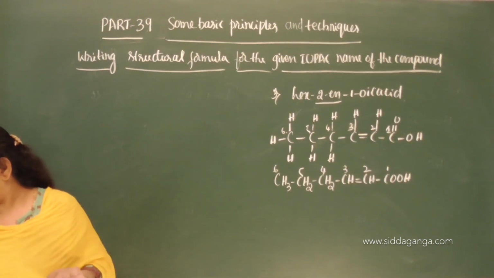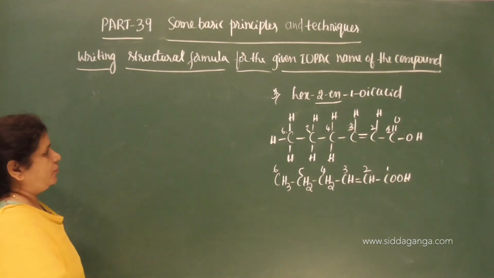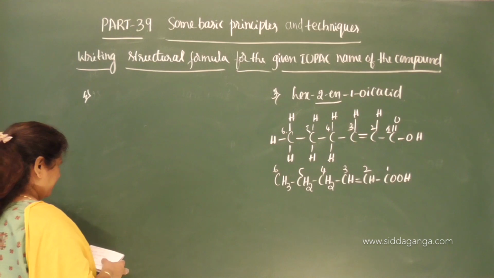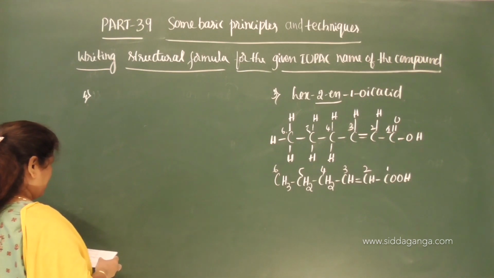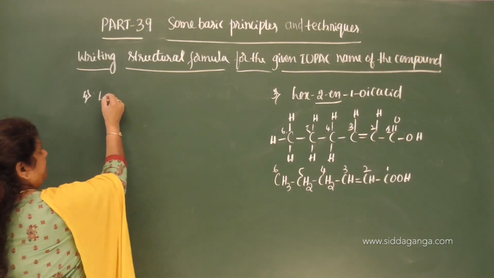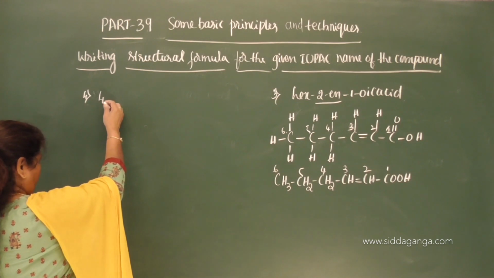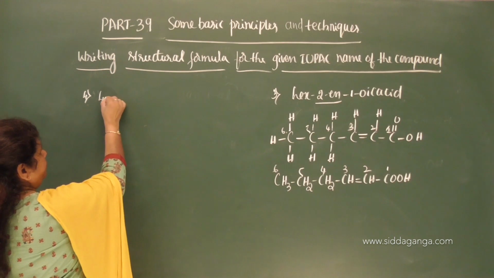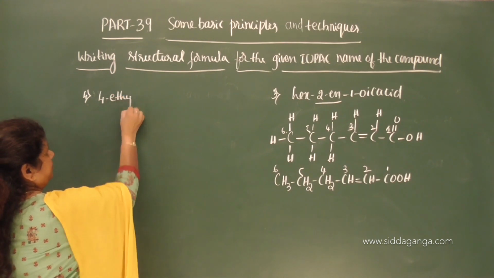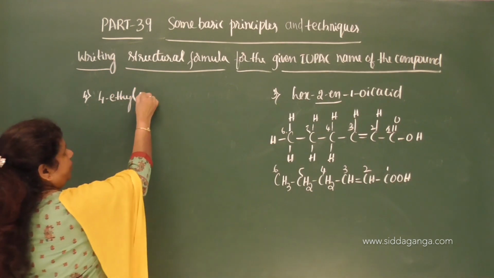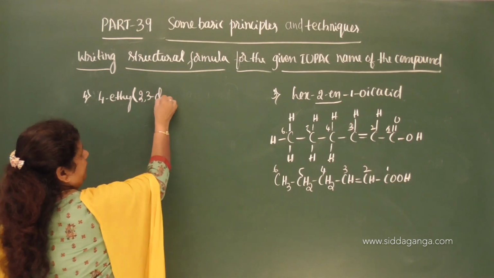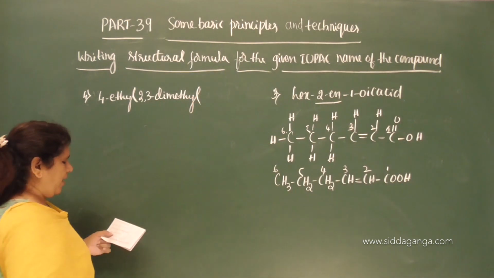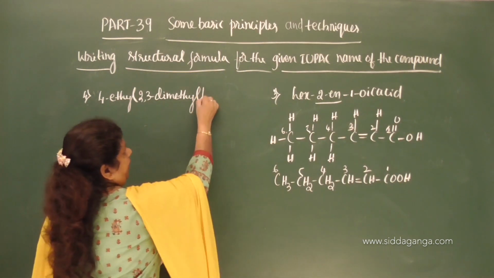Fourth one, that is 4-ethyl 2,3 dimethyl heptane.